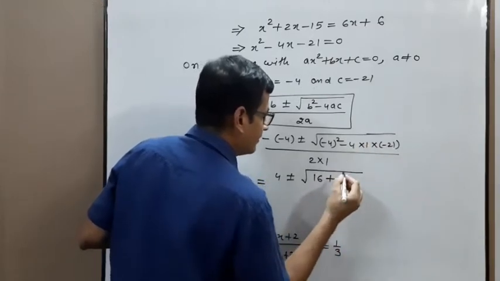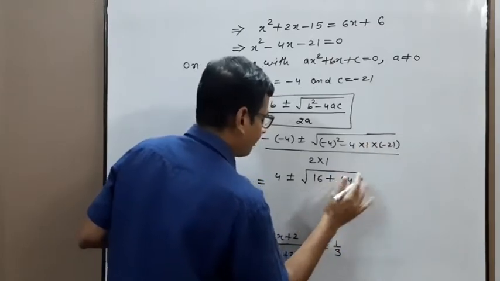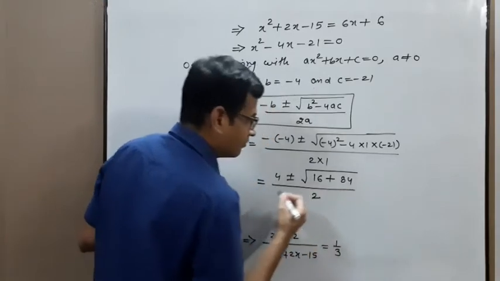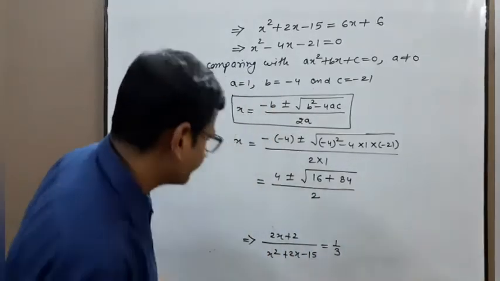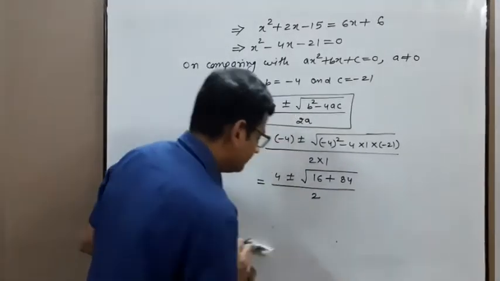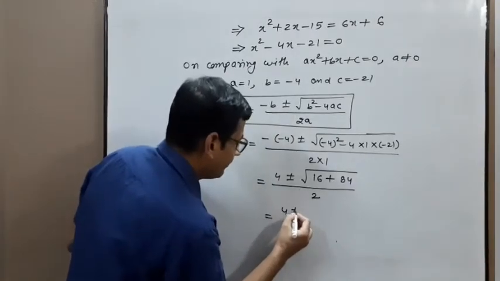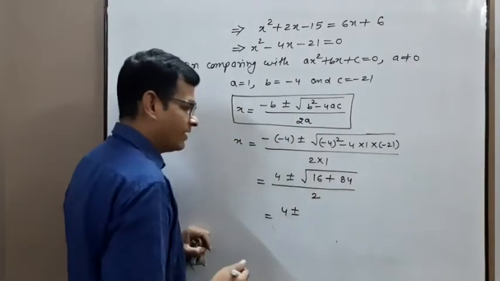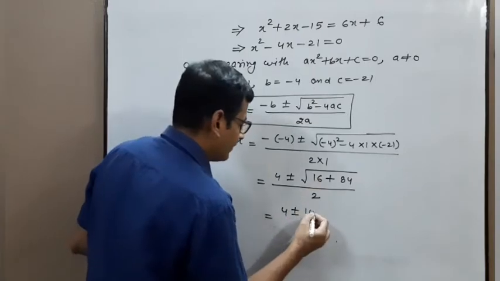21 fours are 84, upon 2. More simplify: 4 plus minus square root of 16 plus 84, that is 100, and square root of 100 is 10.